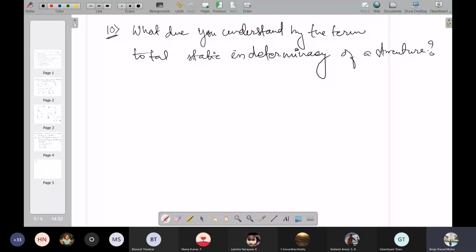Okay. So the next question can be, determine the total static indeterminacy of the following structures.